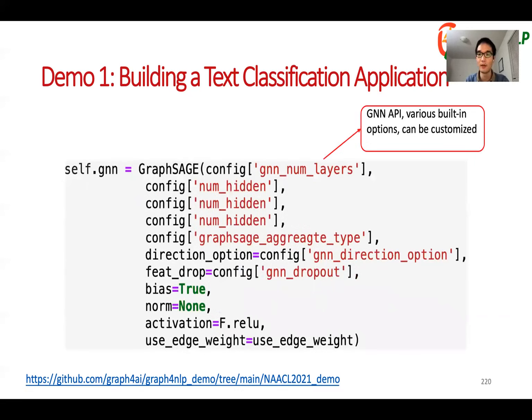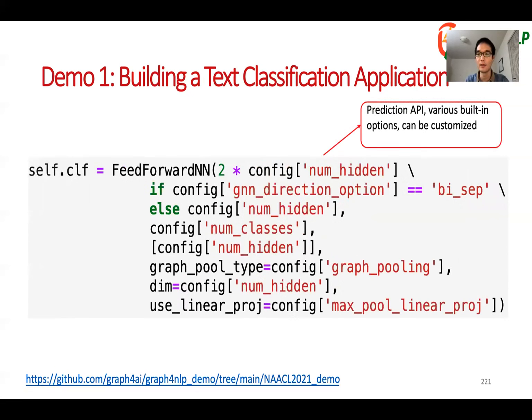And here we call the GNN API to create a GNN instance. Also, there are various building options provided by the library, for example, the GCN, the GAT, and the GGNN models. And one can also create customized GNN modules using the library API.